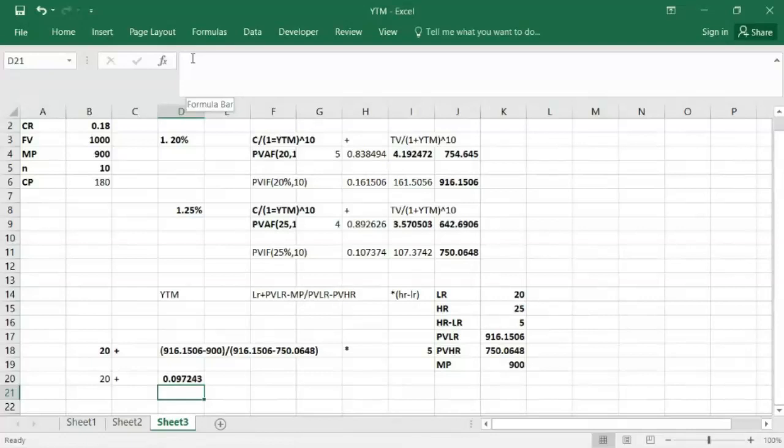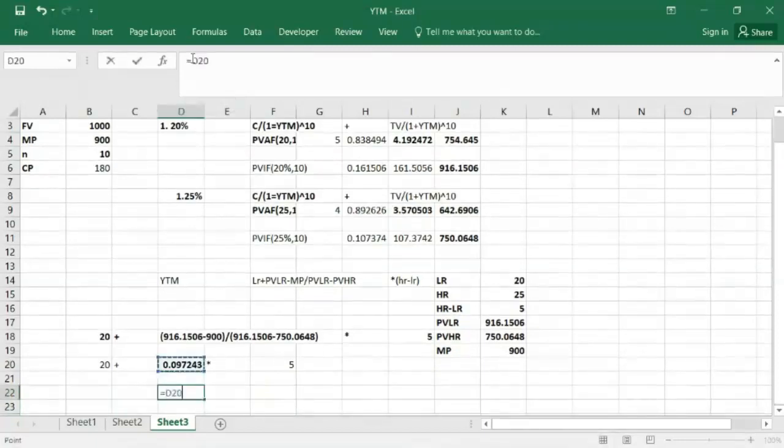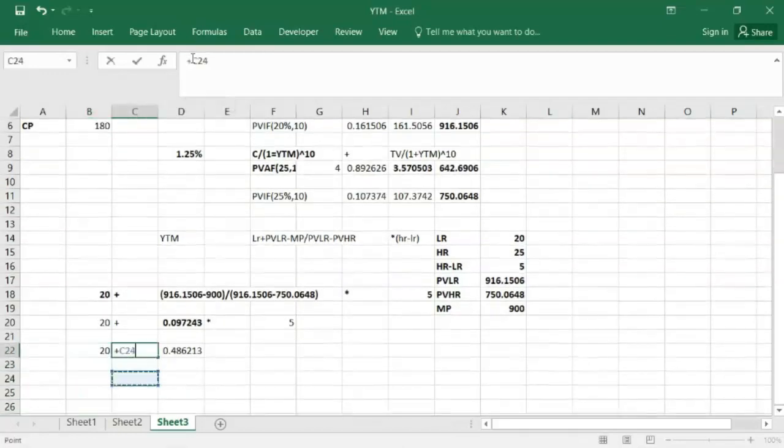The proportion, 0.09, is multiplied with 5, which is the difference. Multiplying with 5, I get this value. The 20 is the lower rate and can be added together. So the exact yield to maturity for the problem is 22.48621.